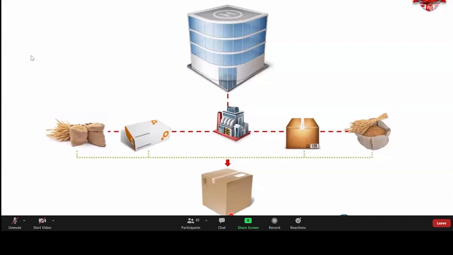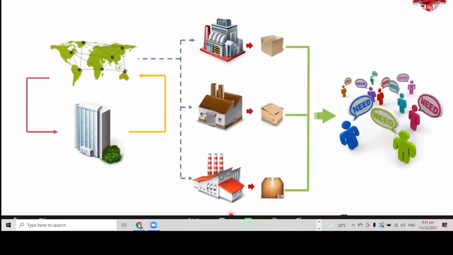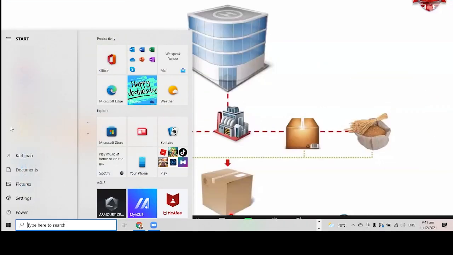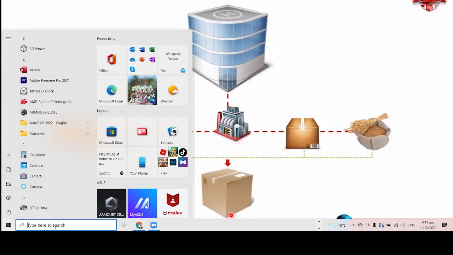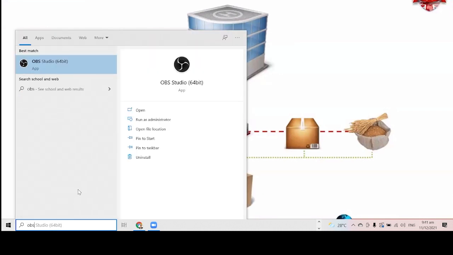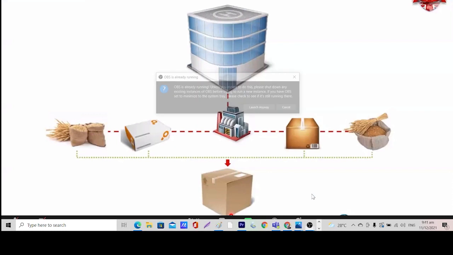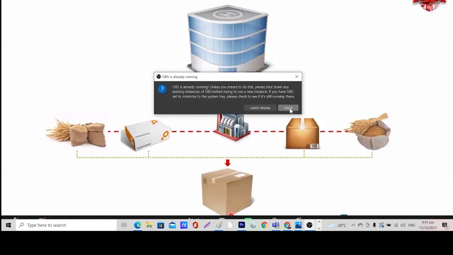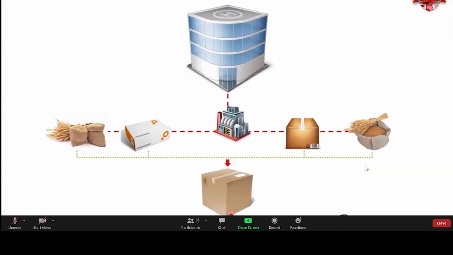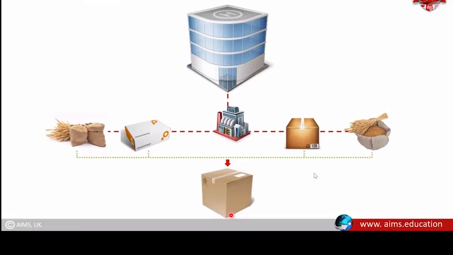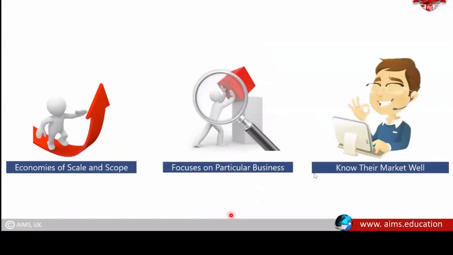Yun yung pinagkaibahan ng vertical and horizontal. Pag vertical, different entities composing the company, but if it's horizontal, it's a company giving one finished goods but different manufacturer of their raw materials and packaging materials. So yun yung pinagkaiba ng dalawang supply chain management system.